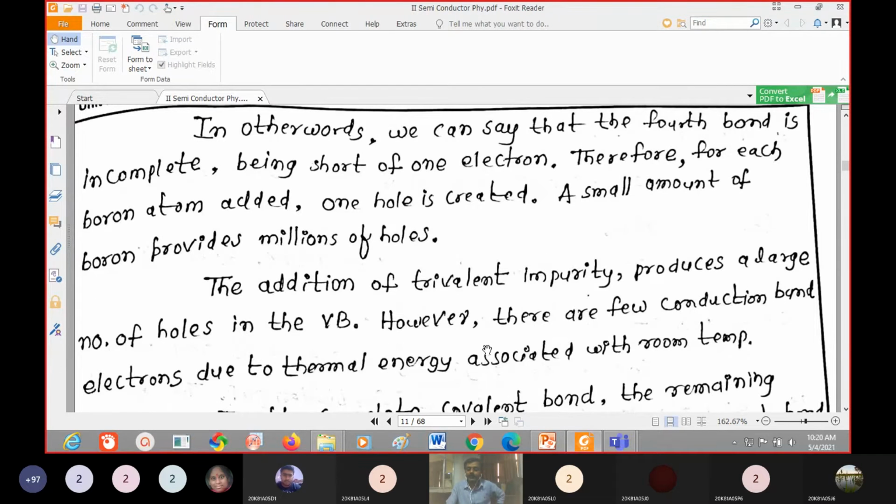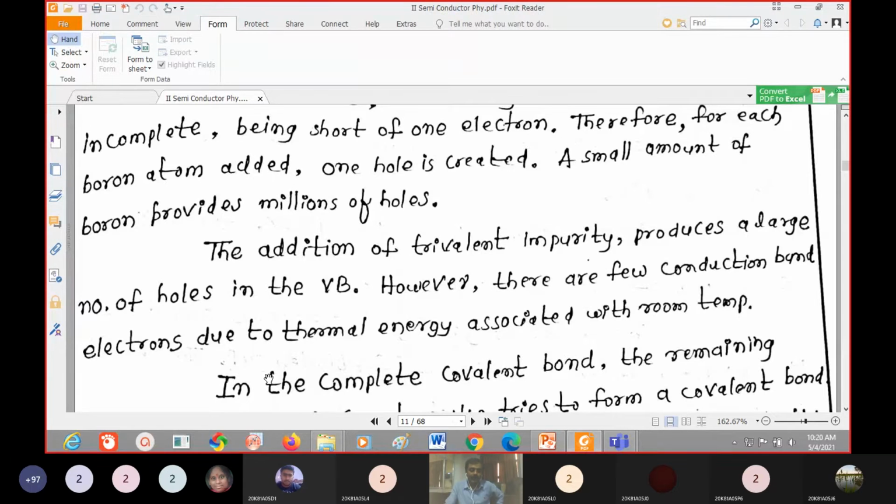However, there are a few conduction band electrons due to thermal energy associated with room temperature. As we discussed, if you give even a little amount of energy, those covalent bonds will break, and those electrons will go to the conduction band. That means at room temperature also, some electrons will be present in the conduction band.